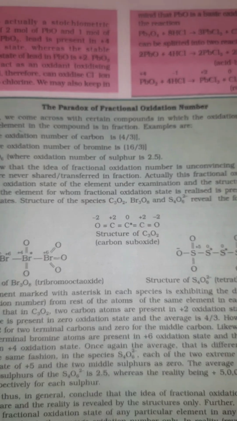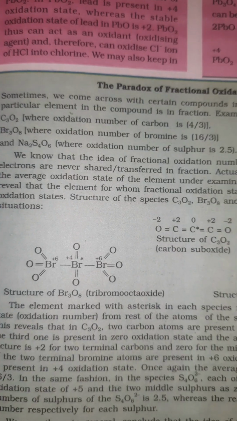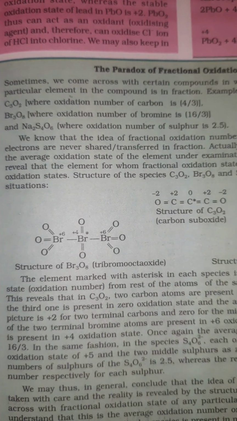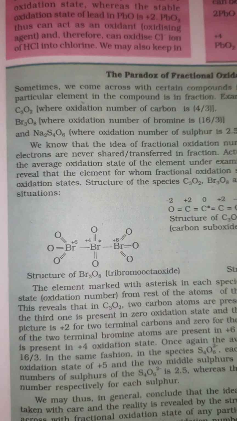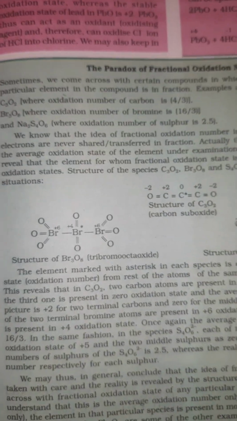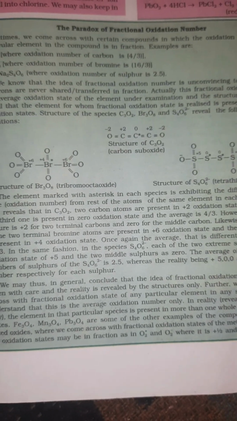The paradox of fractional oxidation numbers. 3 compounds where the oxidation number of carbon is 4/3, Br3O8 where it is 16/3, and Na2S4O6 where the oxidation number of sulfur is 2.5. How is it given here? An important area.